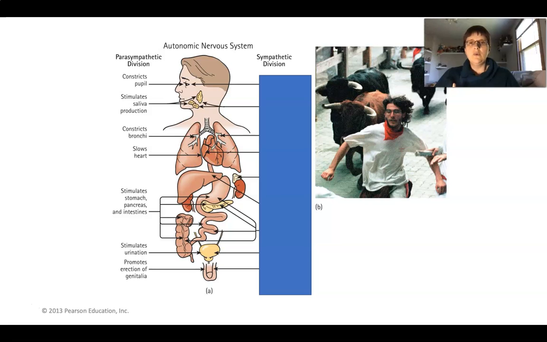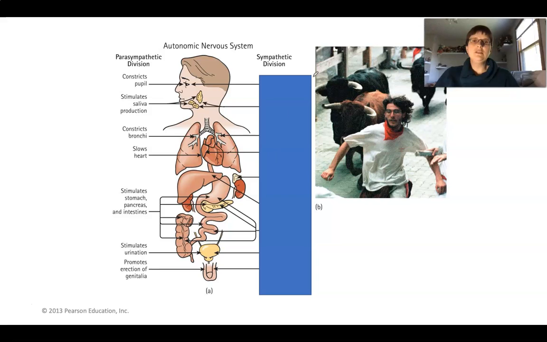Your heart is going to be slowed down. It's going to be running at a normal speed. You're going to have your intestinal tract stimulated. So your digestive system is going to be running, so that way you can digest food and so forth. You're going to stimulate urine production, right? So that makes sense. And then you've got promotion of erection of genitalia. So all of these are normal everyday functions, right?